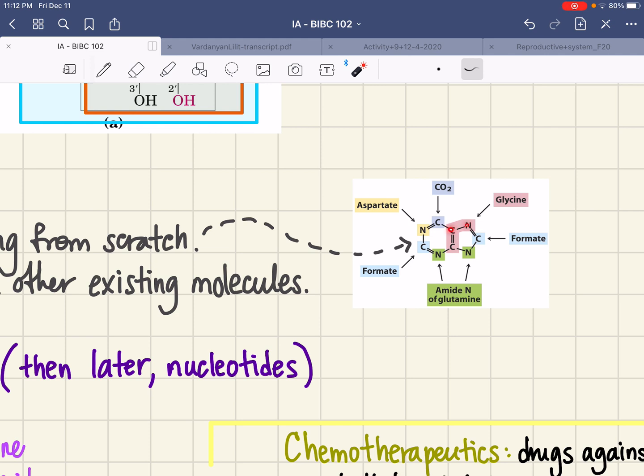For example, these three come from glycine. This one comes from a random carbon dioxide. This one comes from aspartate. From my understanding, from what Professor Hampton said, you don't necessarily need to know exactly how that happens, except for the pathways that he briefly goes over.